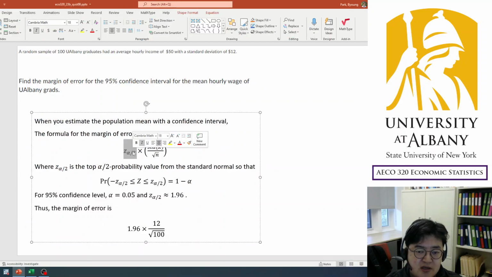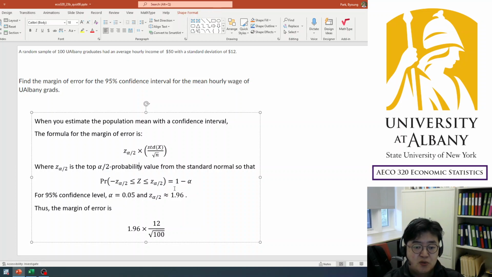this part, right? Okay, then it's pretty simple, right? 1.96 is the lowercase z alpha over 2, and as I said, plug in the standard deviation and sample size. That is the margin of error. Simple.